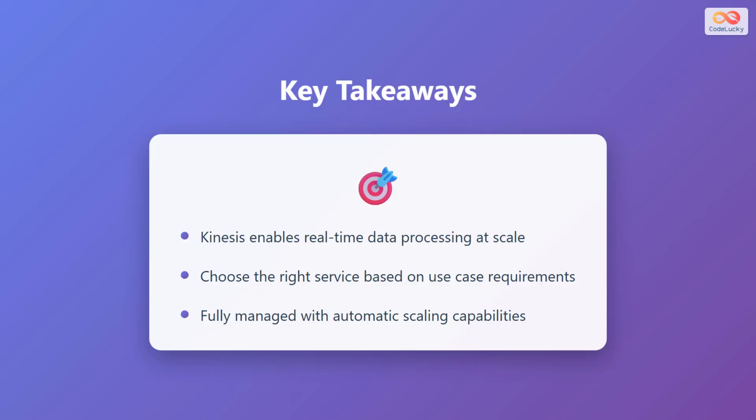Finally, all Kinesis services are fully managed with automatic scaling capabilities, meaning you can focus on building your applications rather than managing infrastructure. With Kinesis, you're empowered to build sophisticated real-time data pipelines that deliver immediate insights and enable rapid decision-making.